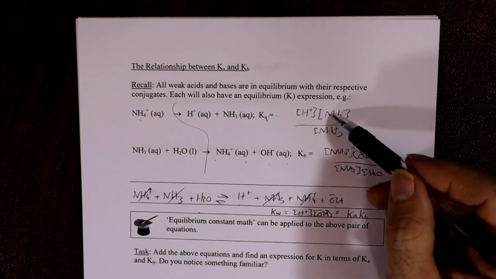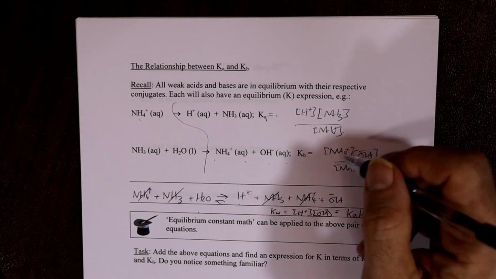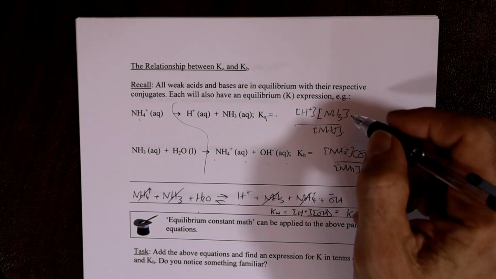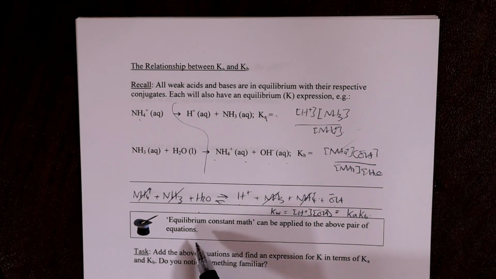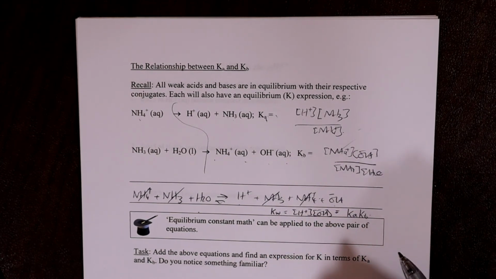If you actually multiplied these two together, you would find things cancelled. So if you want to bring that up and multiply it through, what would be left would be the same. So equilibrium math can be applied. Very, very simple idea.